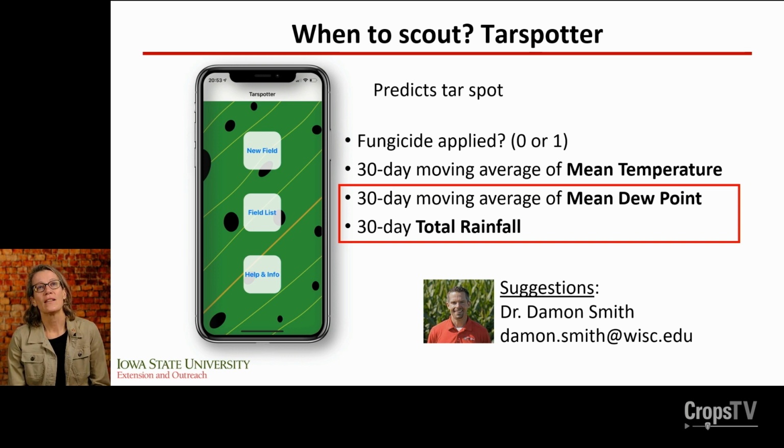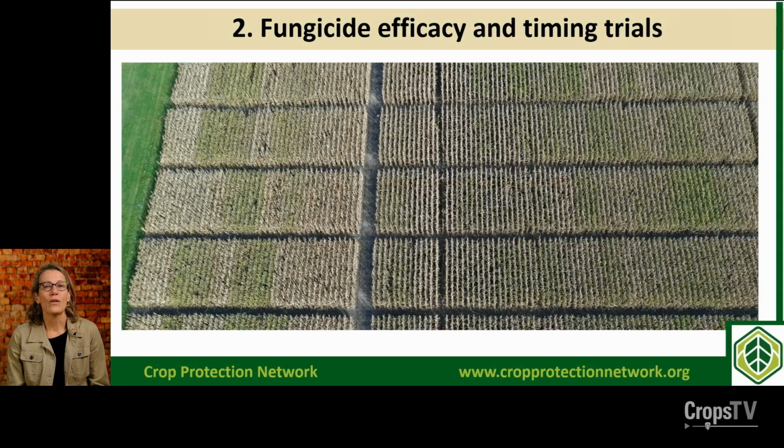The original model just had precipitation in it, whereas this newer model includes dew point and total rainfall, because we're realizing just how important leaf moisture is for disease development, and it's even more important than temperature.